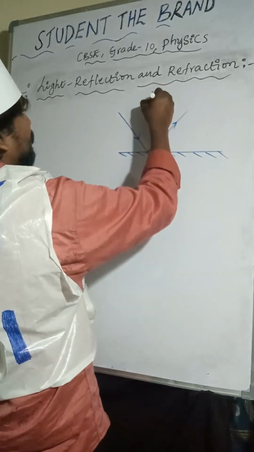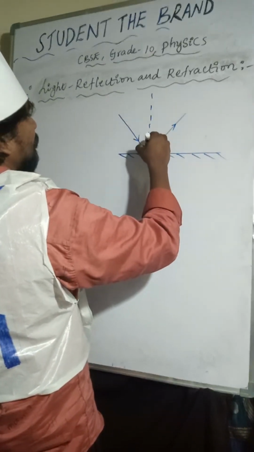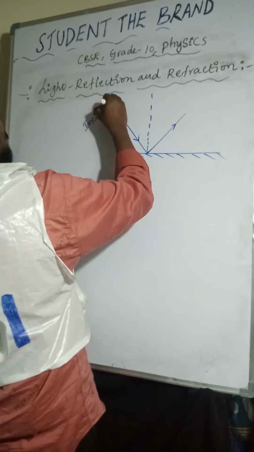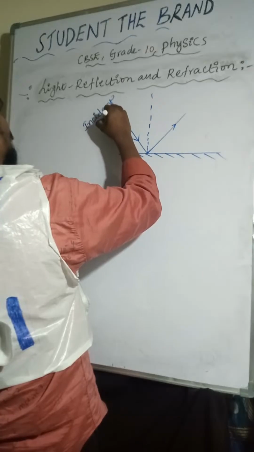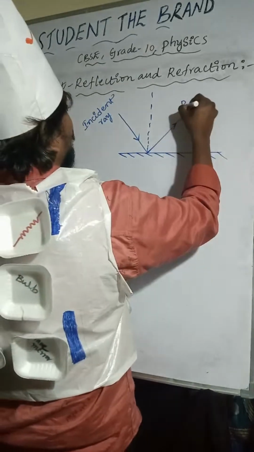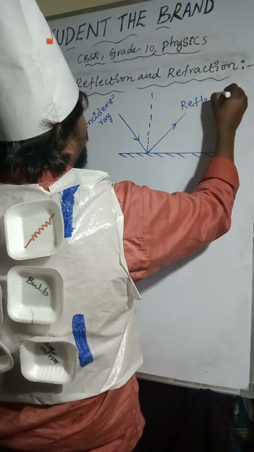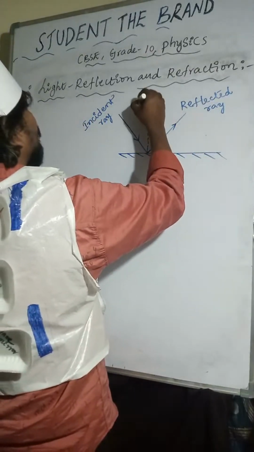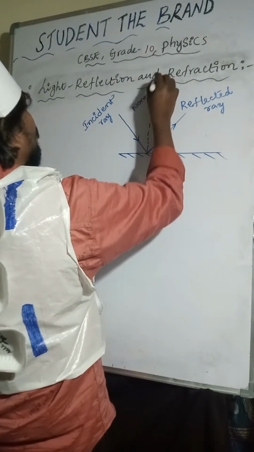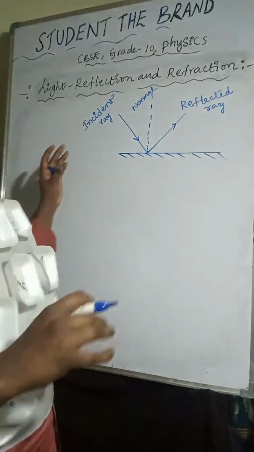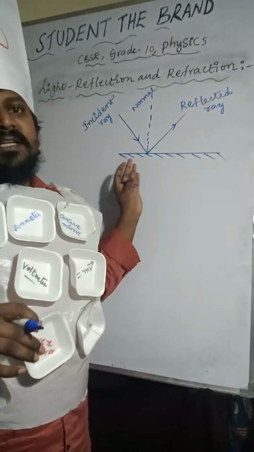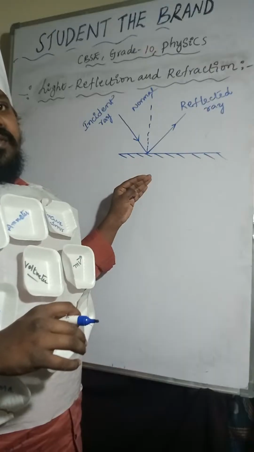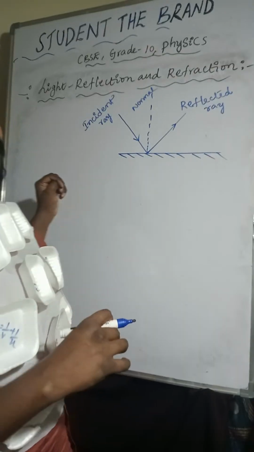So here you can observe this is a normal line. The bouncing back of the light from the reflecting surface is called reflection of light.